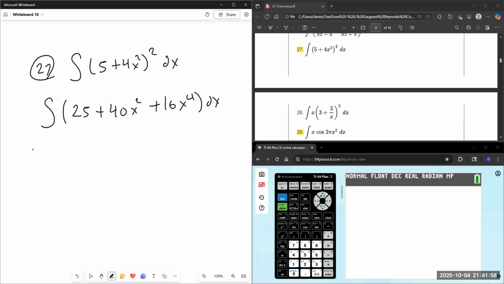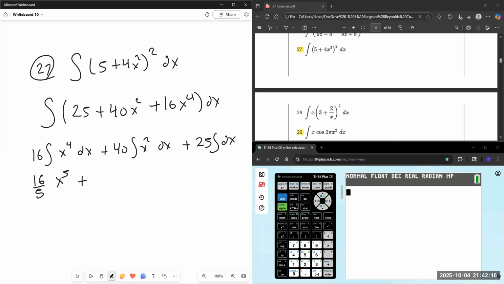It's going to be 16 integral of x to the 4th dx plus 40 integral x squared dx plus 25 integral dx. That'll be 16 fifths x to the 5th plus 40 thirds x cubed plus 25x plus c.